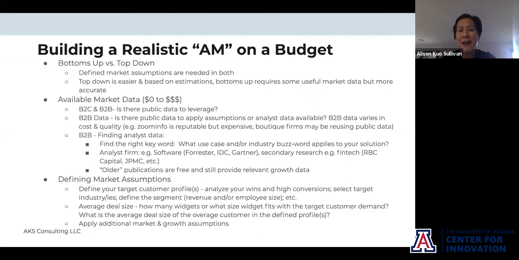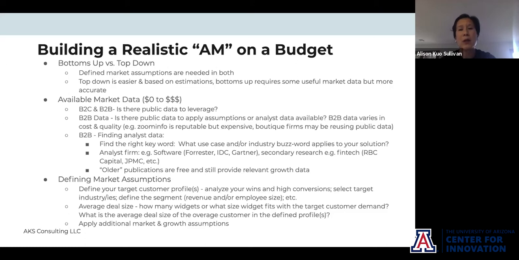But ultimately, getting a consulting firm to do a TAM for you can be very expensive. And the only reason why companies really spend the money on an outside consultant TAM is because they're doing some form of valuation to buy or sell a company.